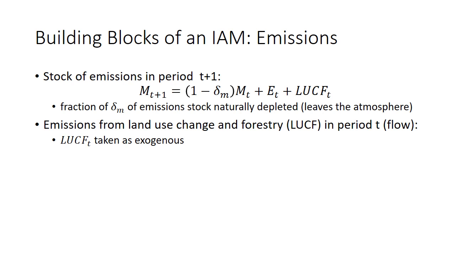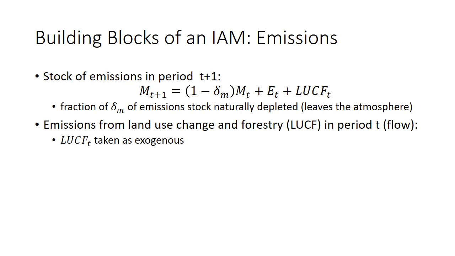The stock of emissions yesterday is mt, multiplied by a depreciation rate, or how much of the emissions are depleted over time. That's going to be 1 minus delta m, whatever leaves the atmosphere, whatever's absorbed by plants and trees, etc., or just leaving the atmosphere into space, or we'll talk about how it's absorbed by the oceans on the next slide.